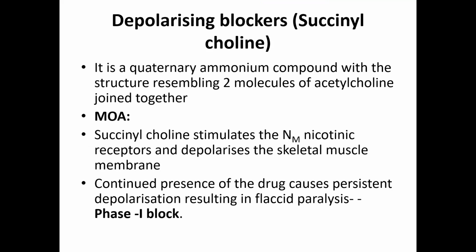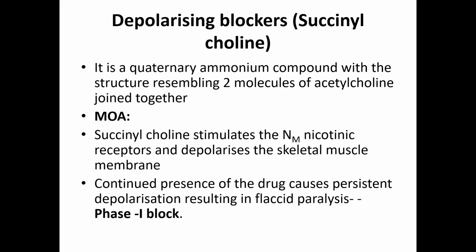The mechanism of action of succinylcholine is that it stimulates the nicotinic receptors at the motor end plates and depolarizes the skeletal muscle membrane. Continued presence of the drug causes persistent depolarization, resulting in flaccid paralysis. This is phase 1 block.